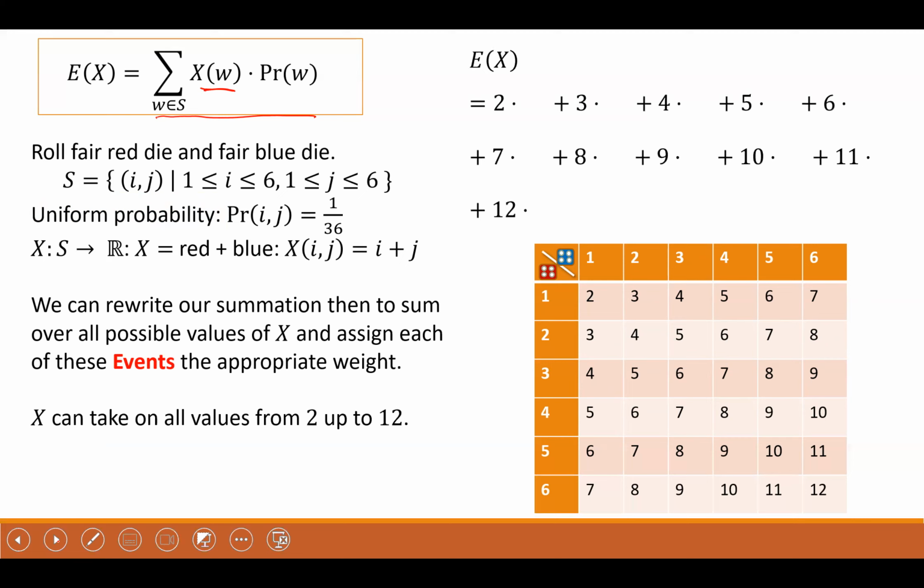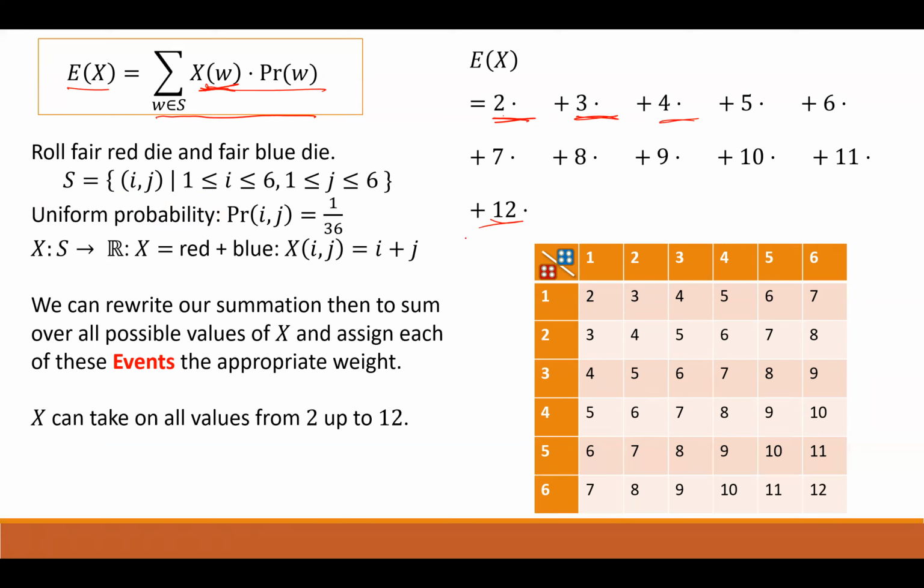I now look at this expected value of x, I expand this out, but I gather all of these outcomes into their events, where the outcomes all have the same value. So this is all of the outcomes that result in a value of 2, all of the outcomes that result in a value of 3, all of the outcomes that result in a value of 4, and over all possible values that my random variable x can take.